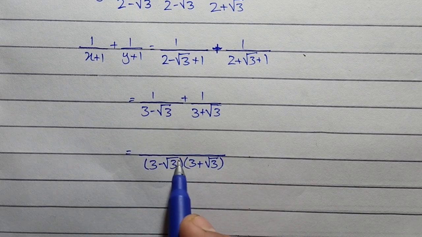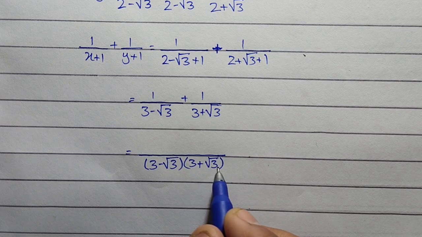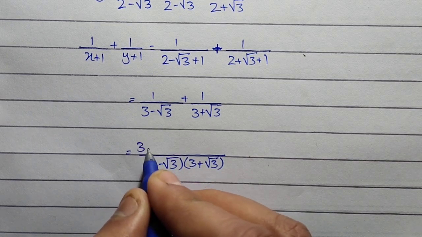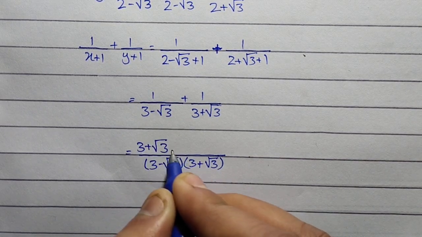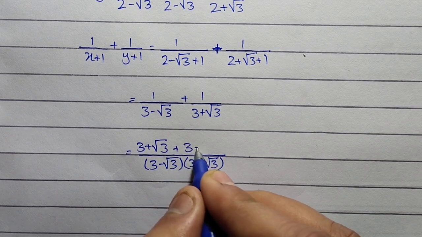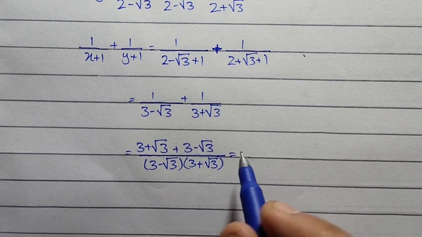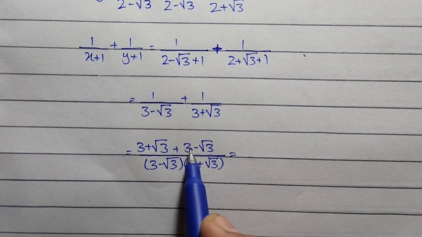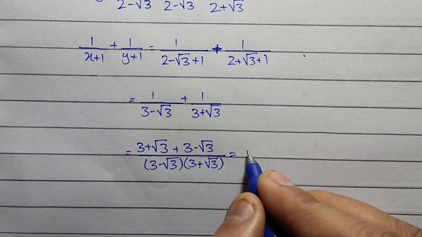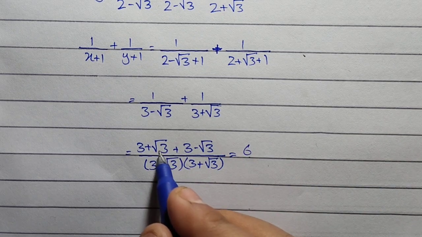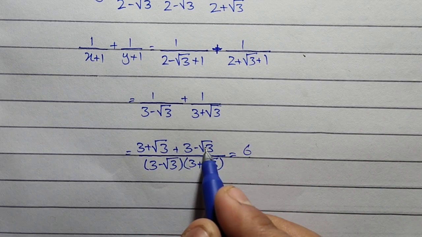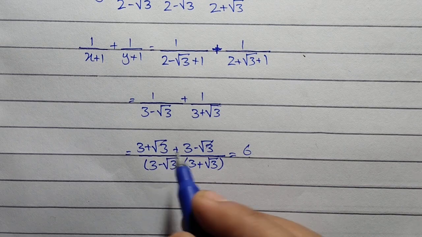This 3 minus root 3 cancels, so the remaining will be 3 plus root 3. We write 3 plus root 3 plus 3 minus root 3. Let's solve this. 3 plus 3 is 6, and plus root 3 and minus root 3 will be cancelled.